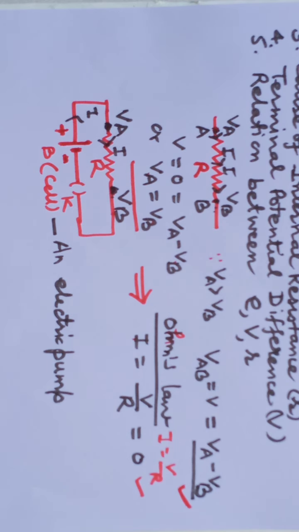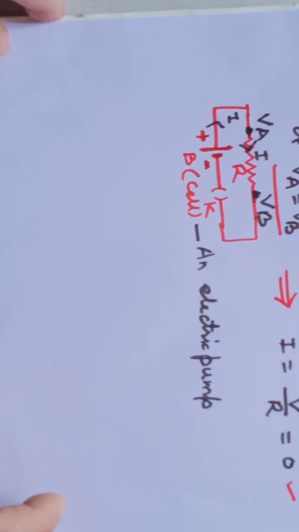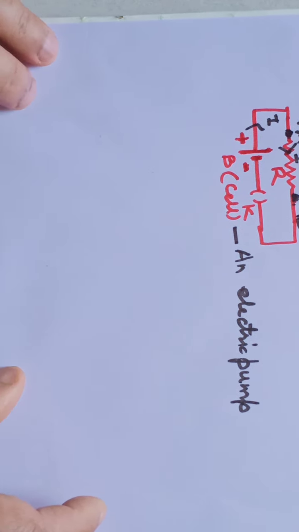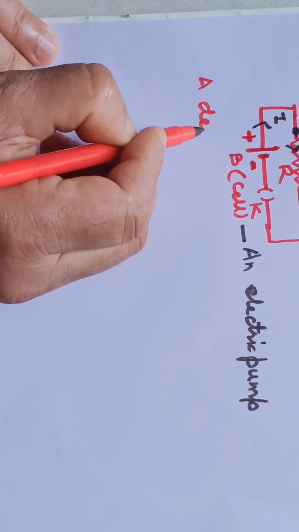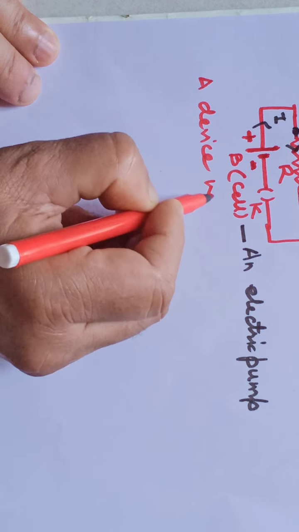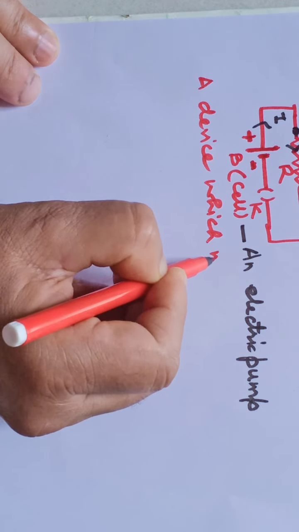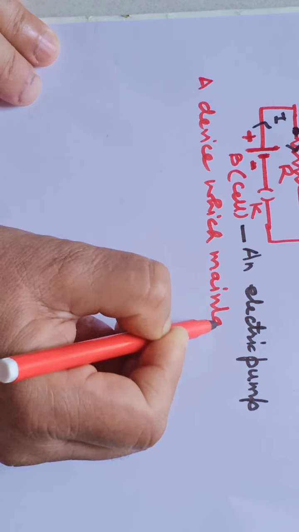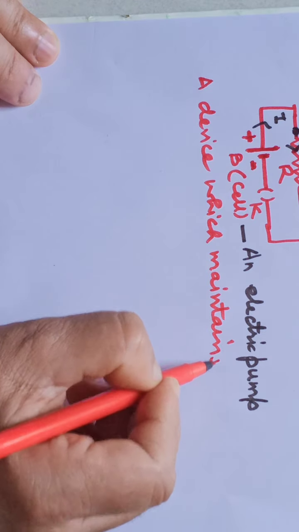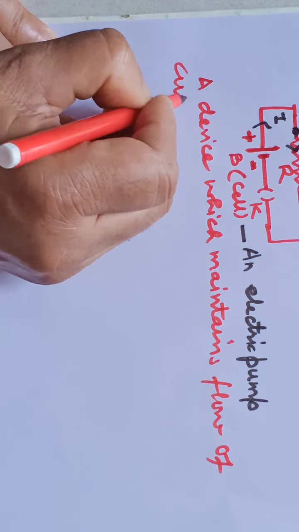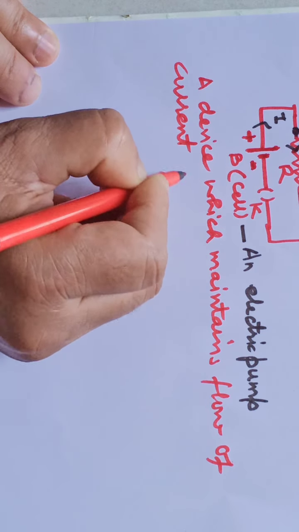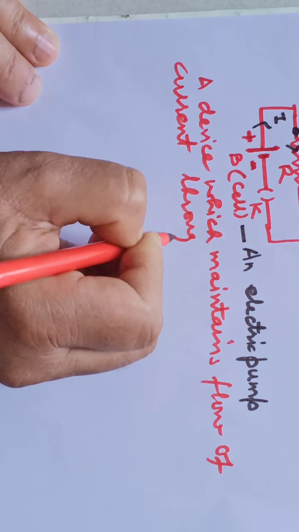So cell is a device which maintains flow of current through a circuit.